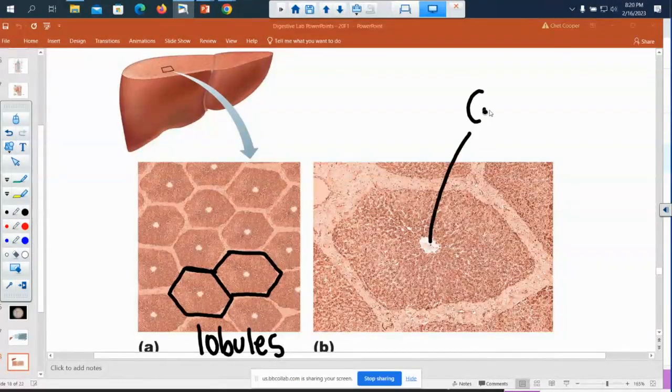So they named it, because it's in the center of each one of these, and they know it's a vein, they named it the central vein. So you can see what we're doing. We're learning the histology, the names for the parts of the histology of the liver.